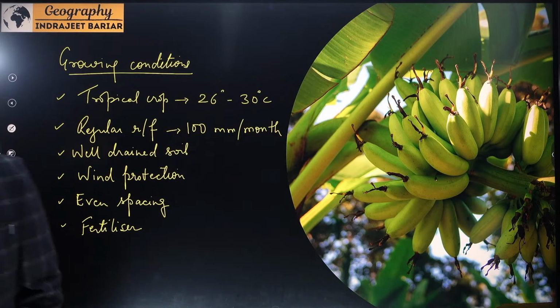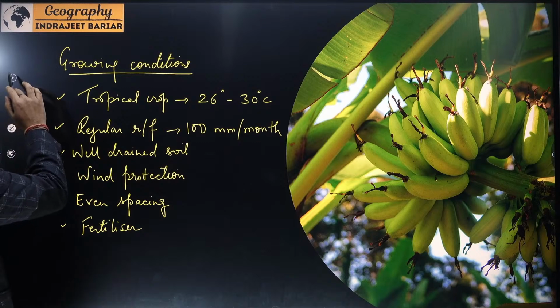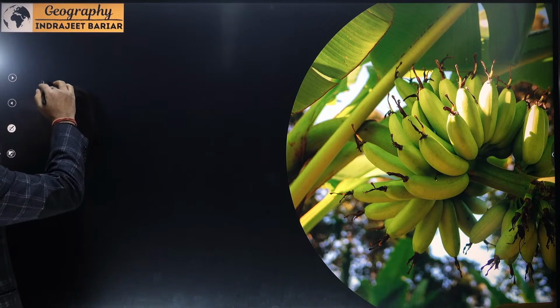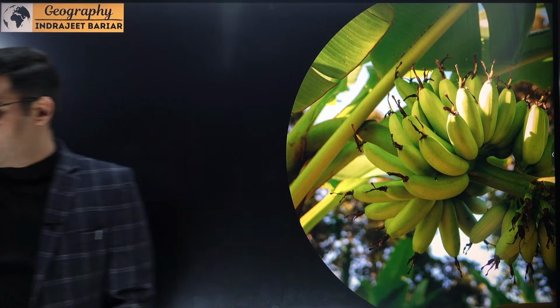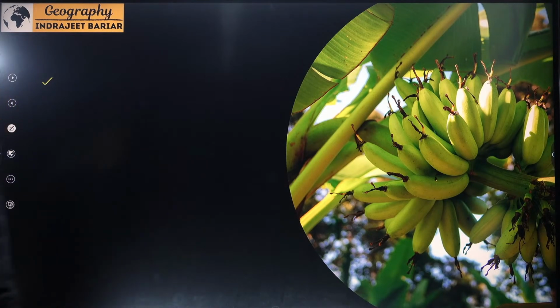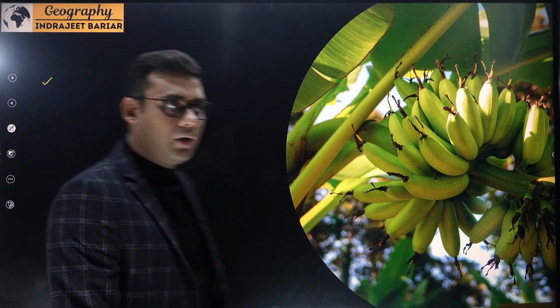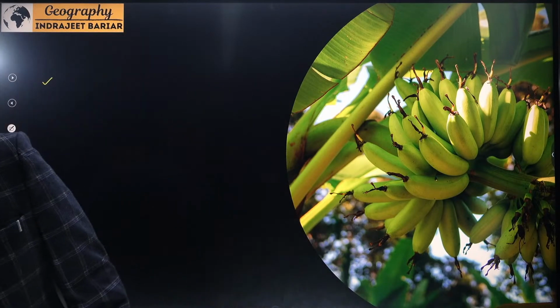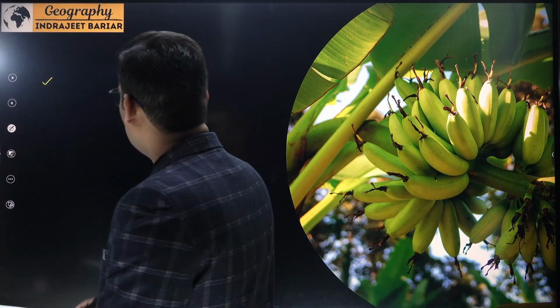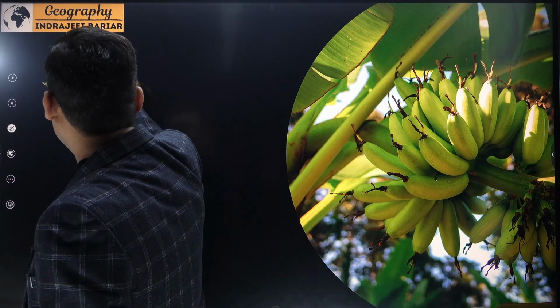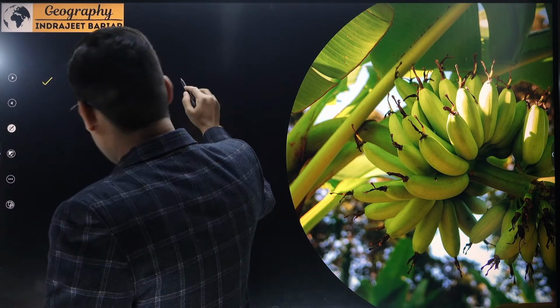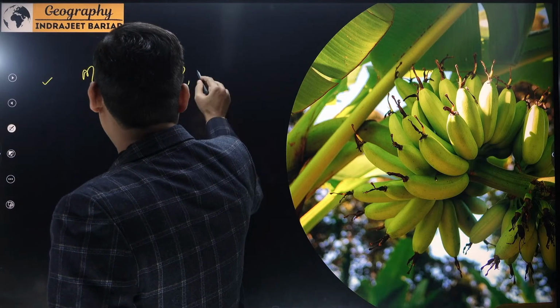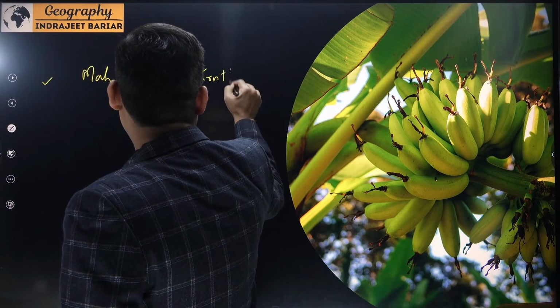Now, certain facts that we see with respect to India: the first thing is that India is the largest producer and largest exporter of banana. That's the first deal. In addition, the regions which majorly grow banana include Maharashtra. After Maharashtra, there is UP, AP, Karnataka.